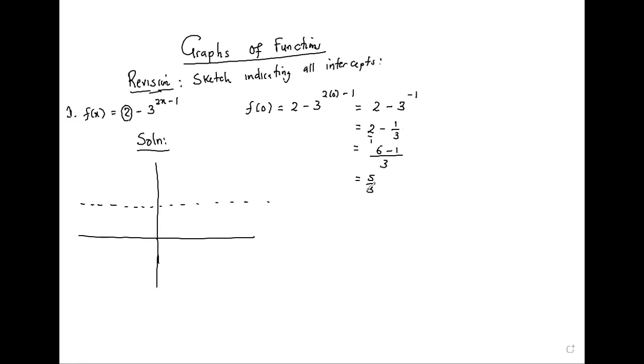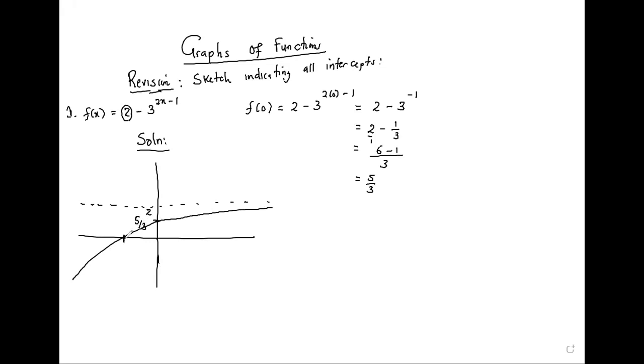So 5 over 3 is actually less than 2. So it means that it's crossing here. And because the base is negative, the graph is going to go this way. So it's cutting at 5 over 3.